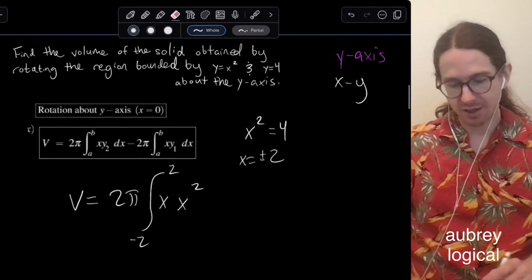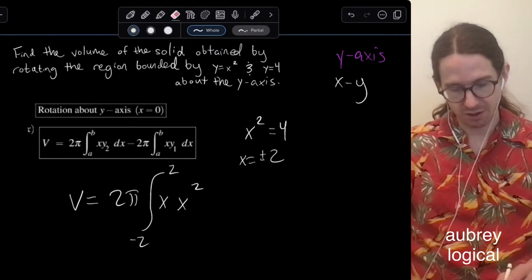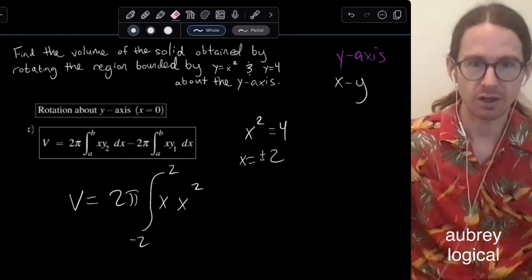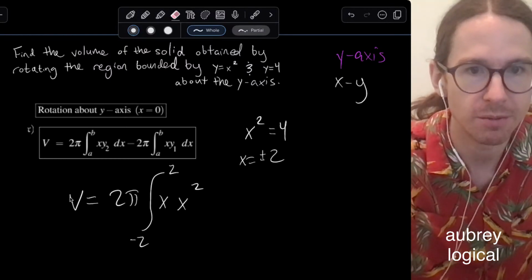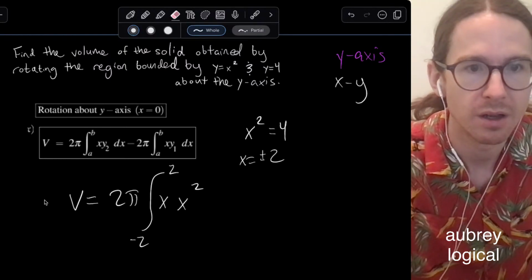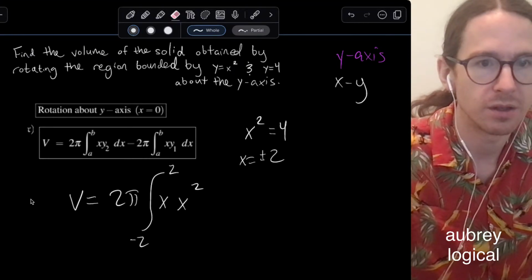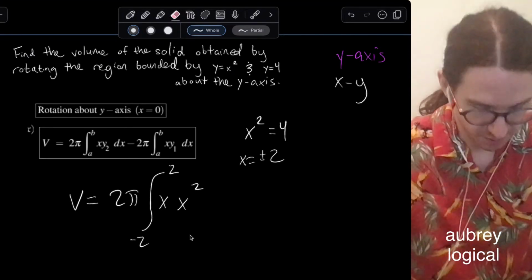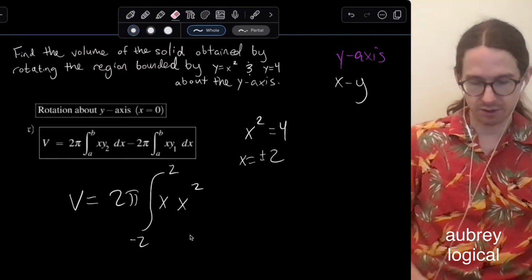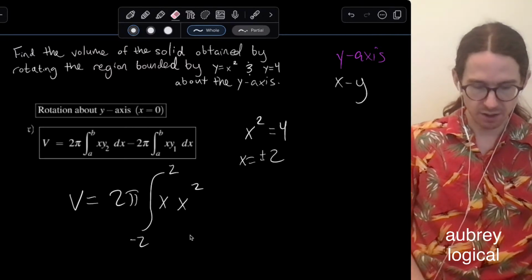So, as I did deduce earlier, y equals 4 is going to be greater than x squared.